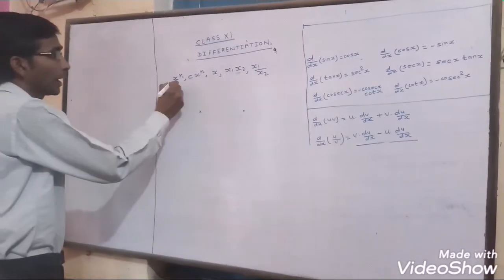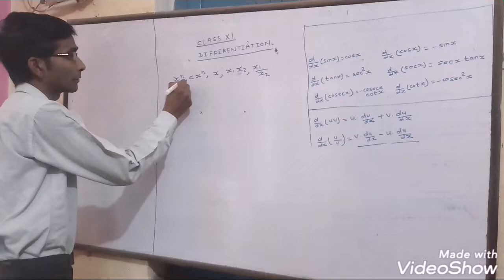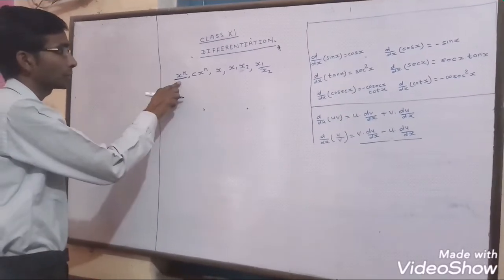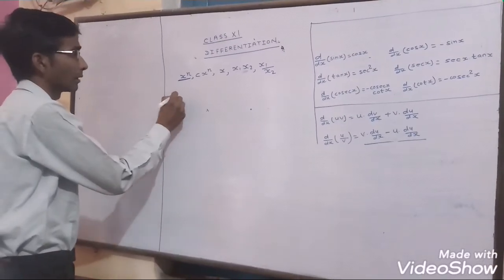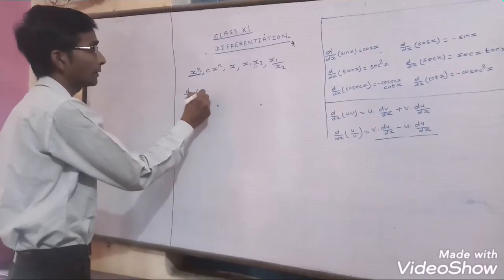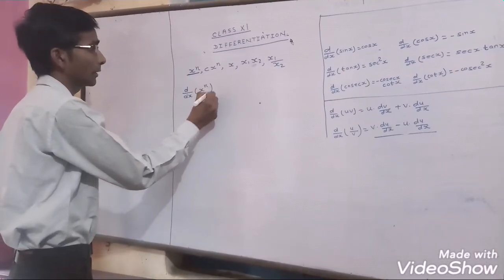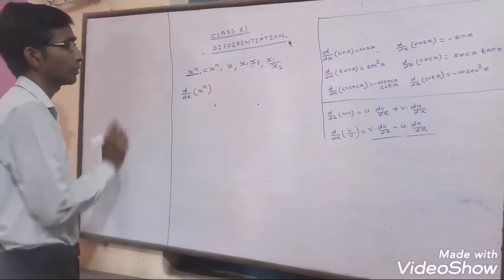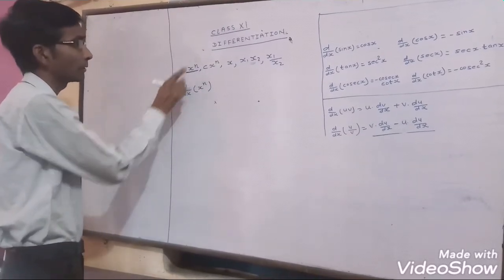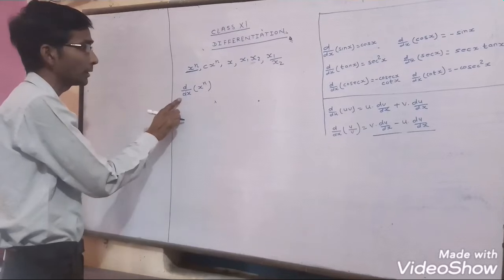Now we have to differentiate the term x^n. First we use the symbol d by dx and x to the power n. This is the symbol. We have to differentiate x raised to power n, then we write d by dx x^n.